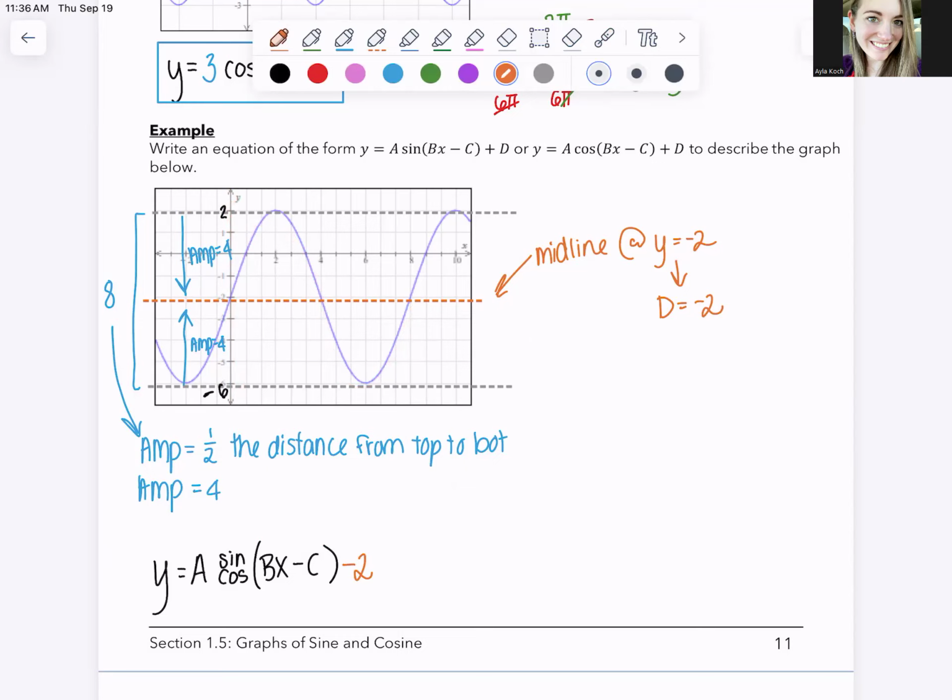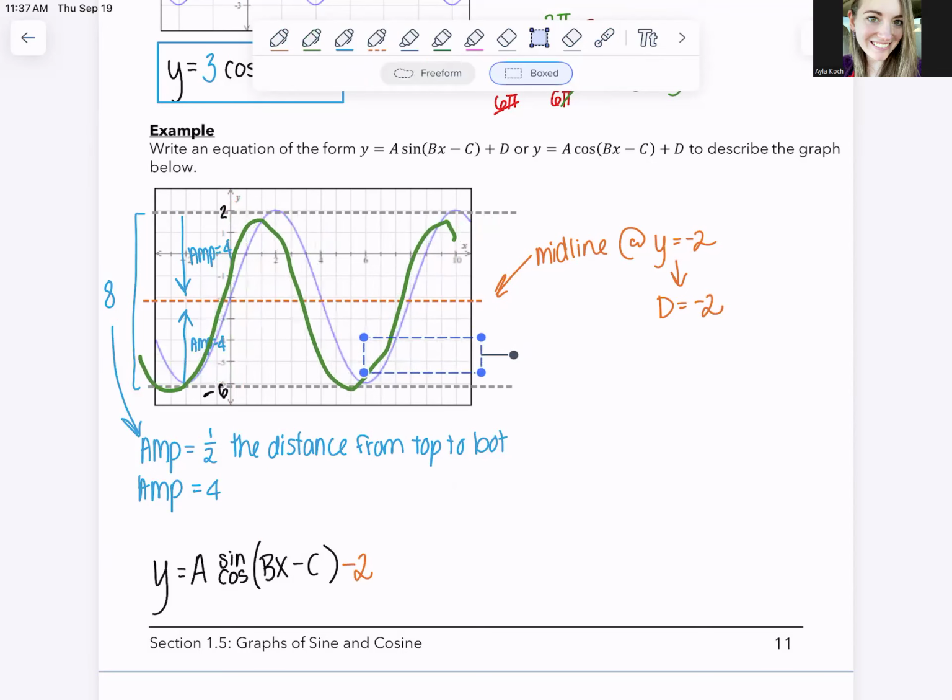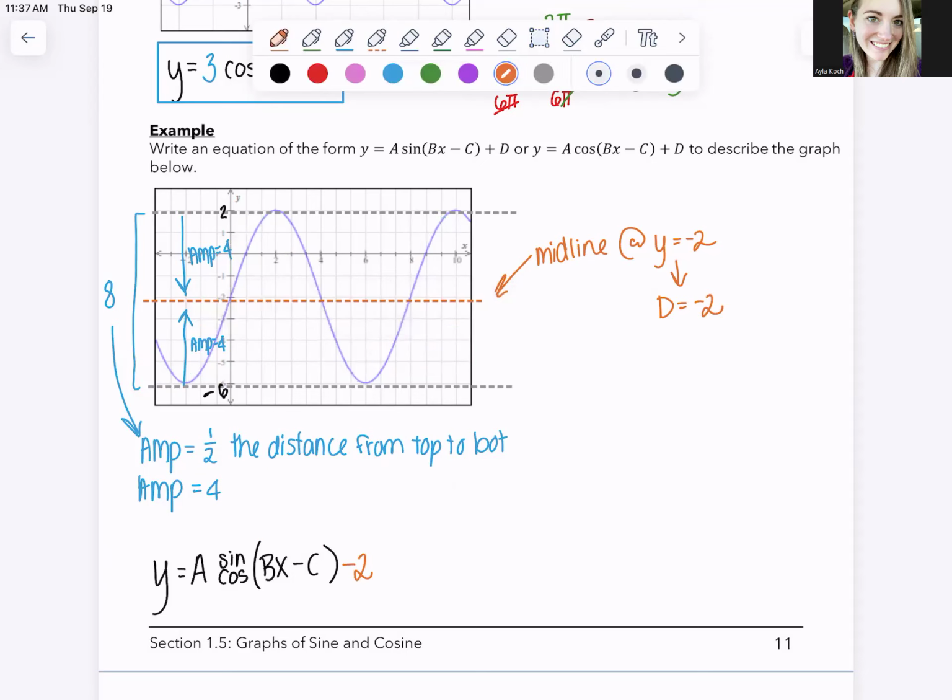If it was hitting in a weird spot, so let me just draw this, if it had hit a weird spot at the y-axis, like maybe it hit like this where it didn't hit right at the midline, then you would get your choice of whether you call it a sine function or a cosine function. But in this case here, no big deal.